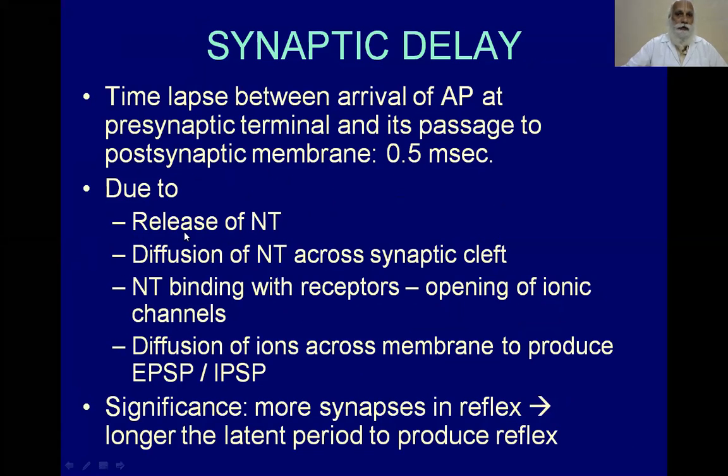The reasons for the synaptic delay are the release of neurotransmitter, its diffusion across the synaptic cleft, binding with the receptors, opening of the ion channels, and the diffusion of ions across the membrane to produce the EPSP or IPSP. This series of events must occur before the excitatory or inhibitory postsynaptic potential is produced, so there is a synaptic delay of about 0.5 milliseconds.